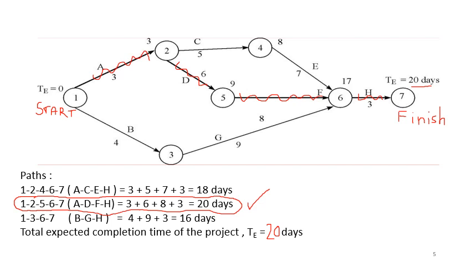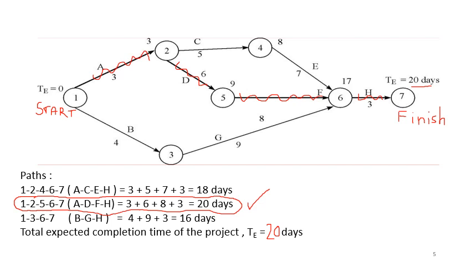You are tracing the different paths, and the maximum path from start to finish is the critical path, and the activities lying in the critical path are critical activities, and the expected completion time associated with that critical path will become your expected completion time of the project. So in this case, 20 days is your expected completion time of the project.